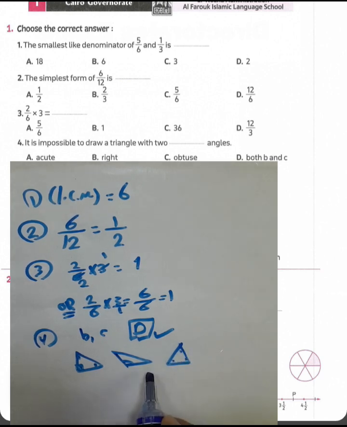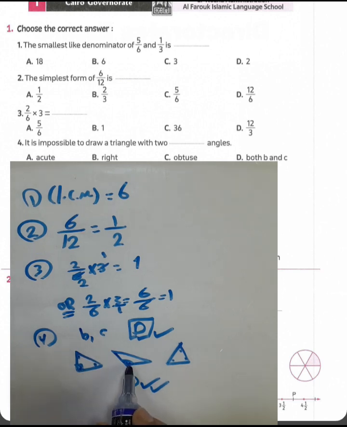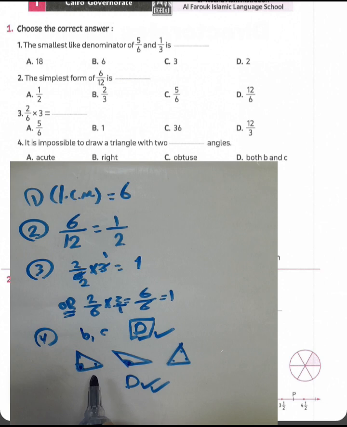So it's impossible to draw a triangle with two obtuse angles or two right angles, so you must choose letter D. We can draw a triangle with only one right angle or only one obtuse angle, but we can't draw a triangle with two obtuse angles or two right angles.